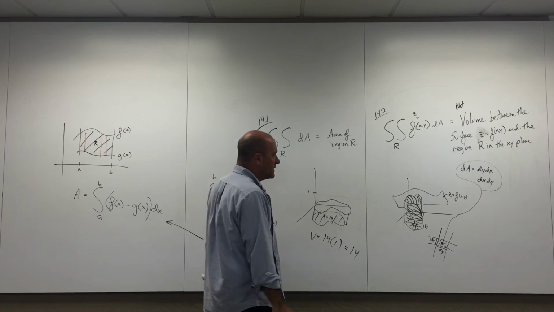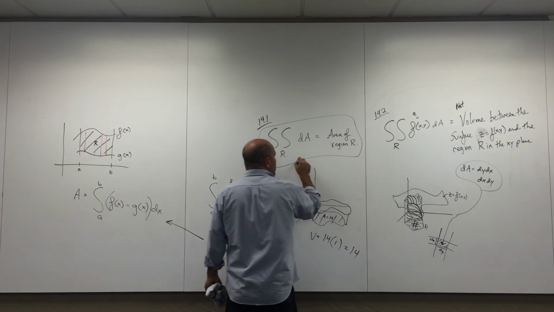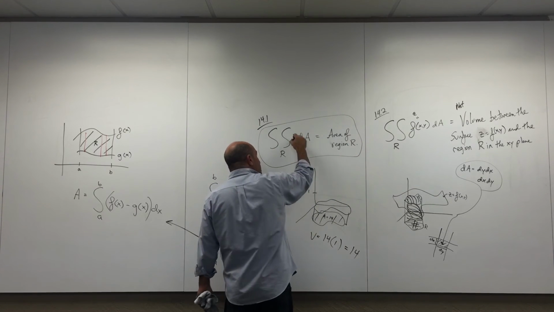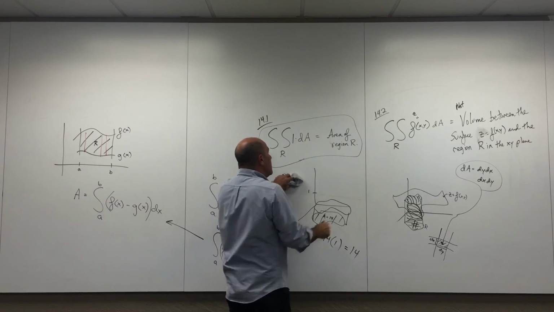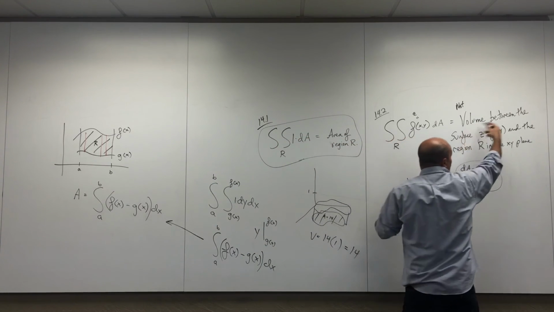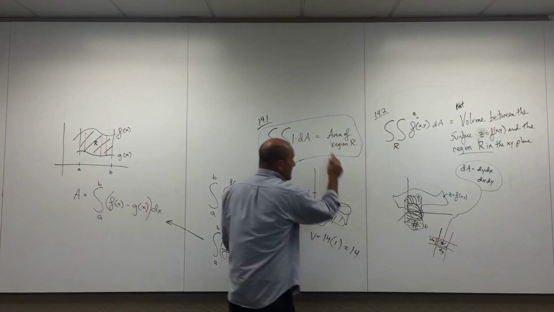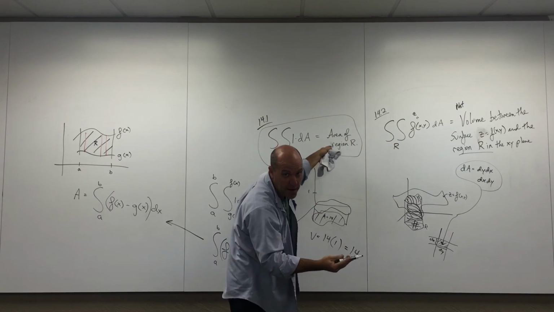I'm joking when I say it's a lie. But let's learn it like this. We should know that this is a volume, but if there's no function there, or just a 1 there, we're calling it the area of region R. When there's a function there, then it's the volume between the surface and the region R. The truth is, this is really just volume with a height of 1.